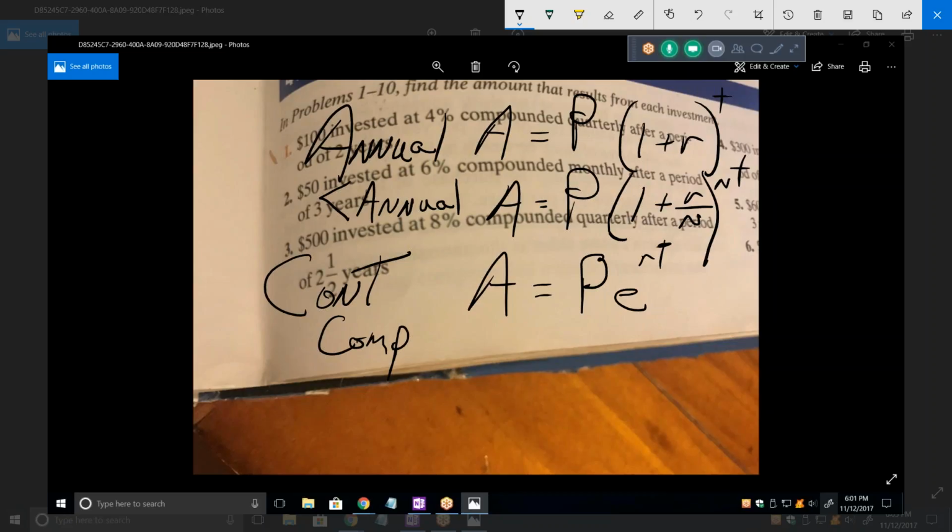On continuous compounding, T can be in hours, minutes, days. You've got bacteria that double every 10 minutes. Whatever units T is in, R is in the same unit. If bacteria increase by 10% per day, then R would be 0.1, and T would be in days. Depending on the type of question, that determines which one of these you use.